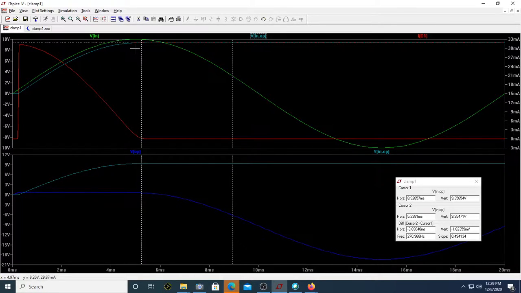Once the input voltage crosses the peak, the diode turns off. When the diode turns off, the capacitor has no path for discharging, so the capacitor voltage remains at Vp minus Vd on. In this case, you can see, 9.3 volts.